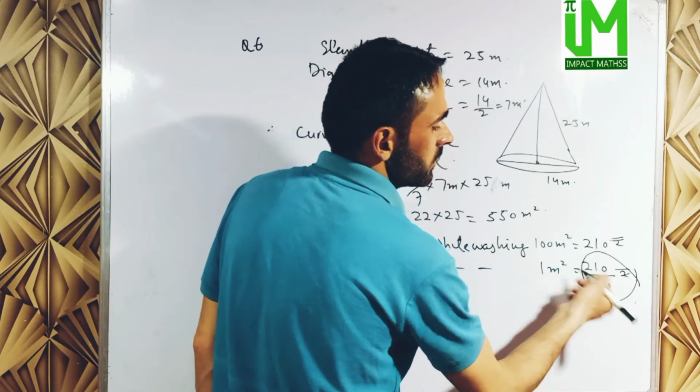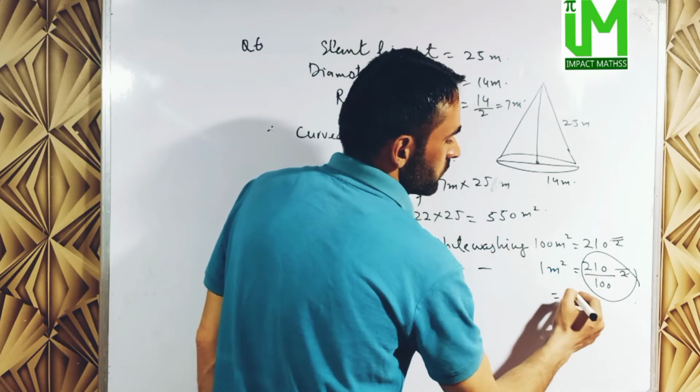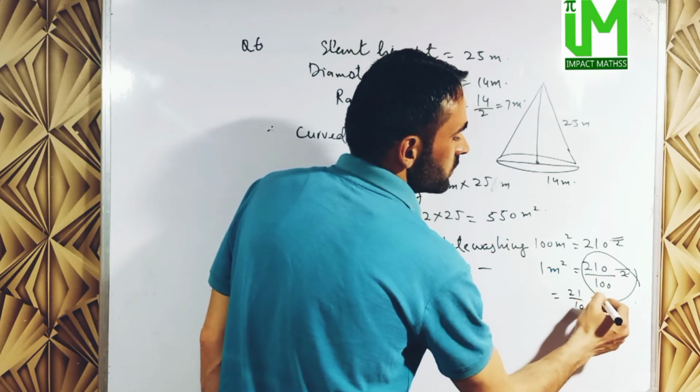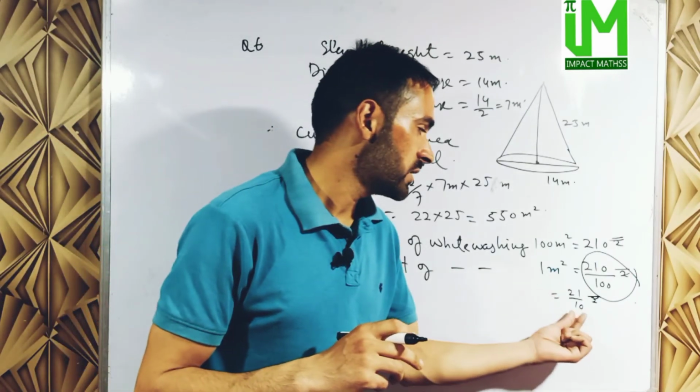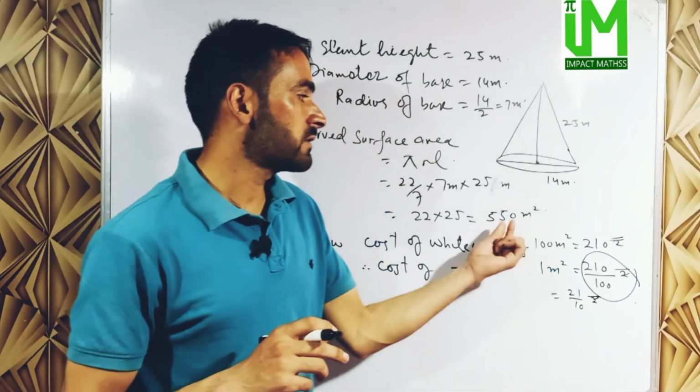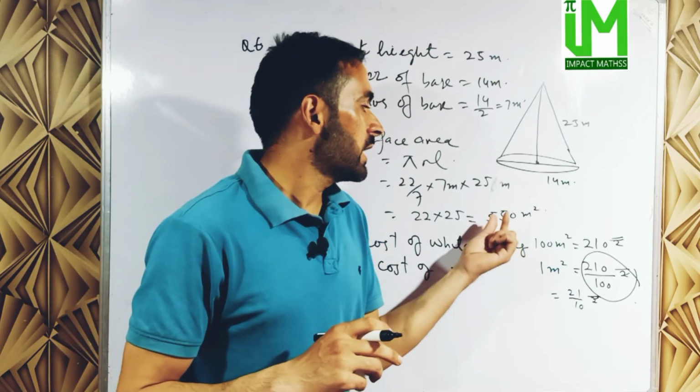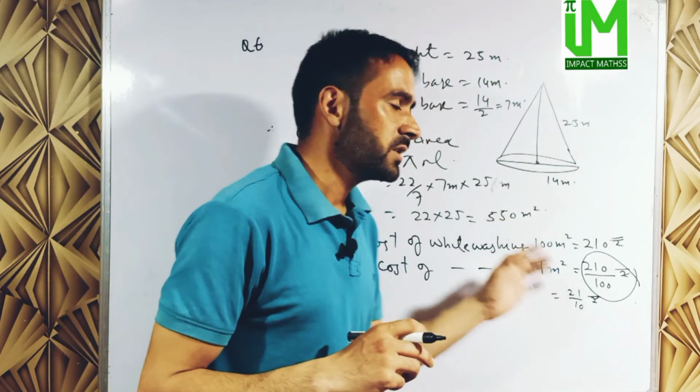So 21 divided by 10 rupees is the amount for 1 meter square. That means for 550 meter square it is 550 into 21 divided by 10.